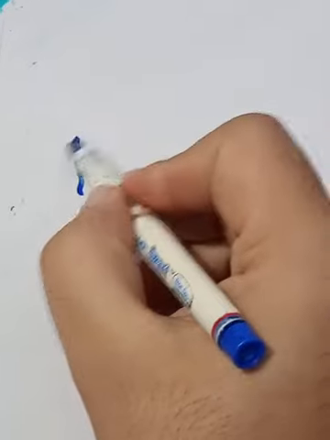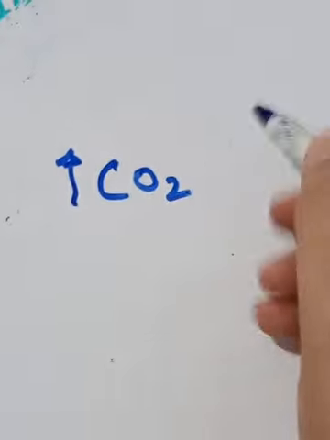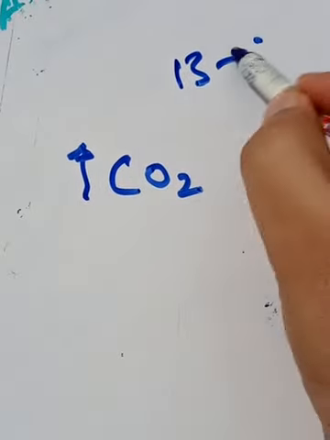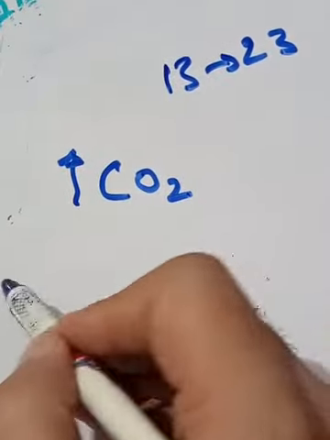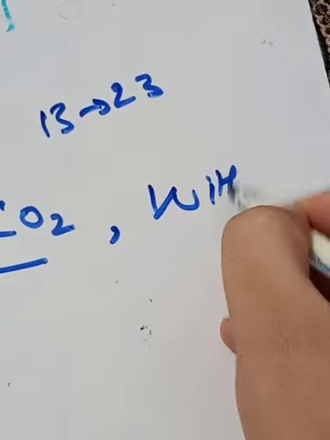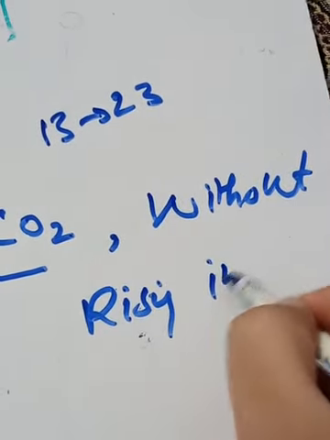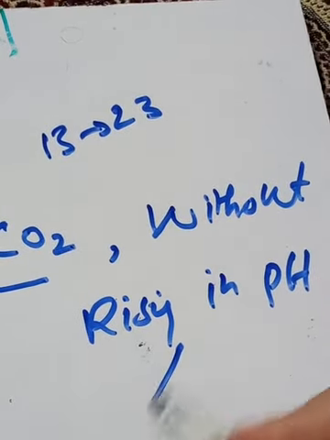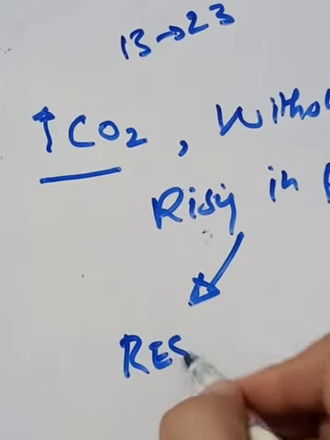So the increase in CO2, of course here the CO2 is increased from 13 to 23, and the bicarb was also increased. If the bicarb was increased, the pH was supposed to be increased. The increase in CO2 without rising pH, that shows what? Respiratory failure.